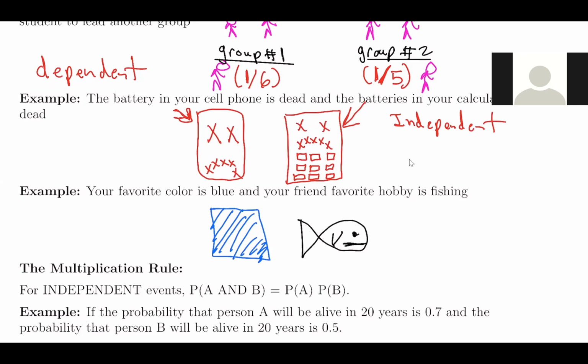So for this one, if your favorite color is blue and your friend's favorite hobby is fishing, does one event influence the other event from occurring? Just because your favorite color is blue, does that make it more likely that your friend's favorite hobby is fishing? No. So for this one, we're going to say that the events are independent from each other.